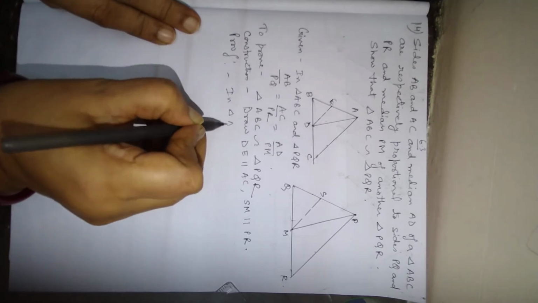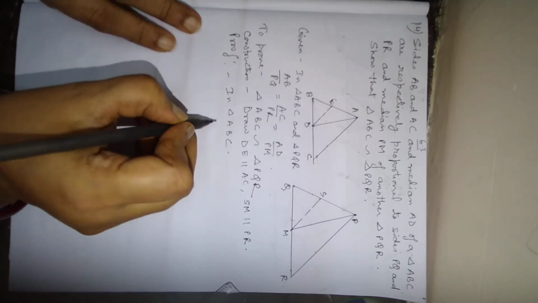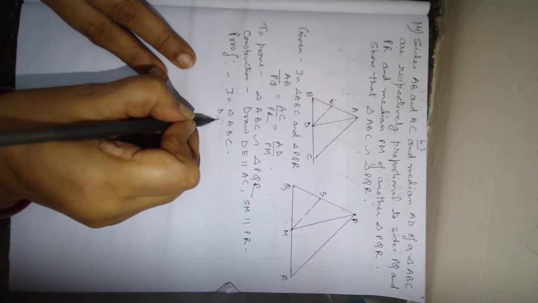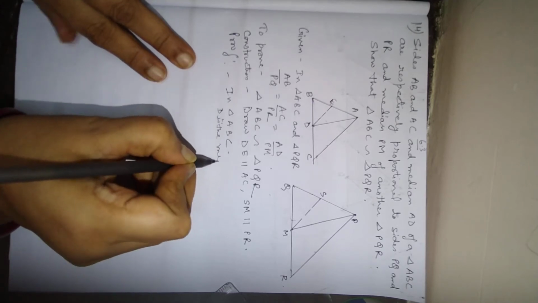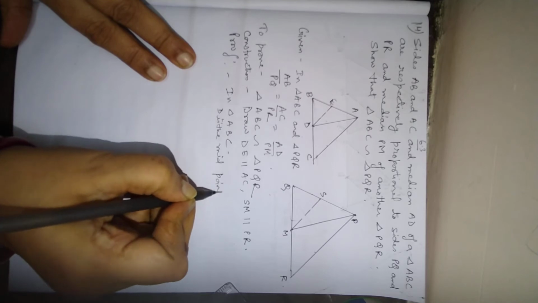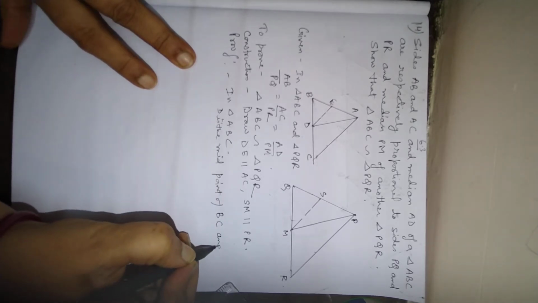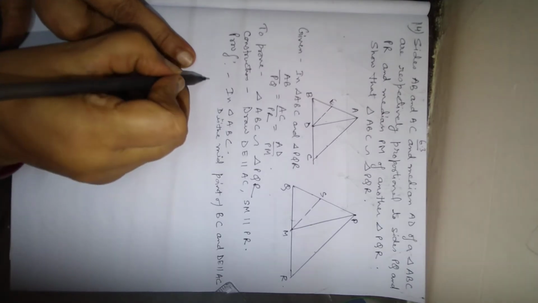In triangle ABC, D is the midpoint of BC and ED is parallel to AC.